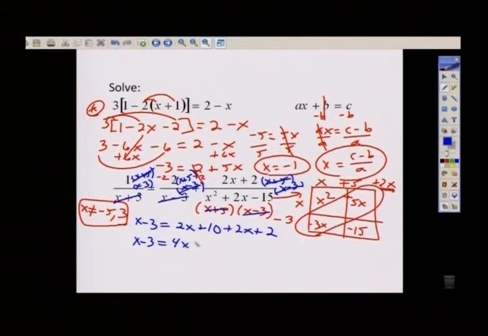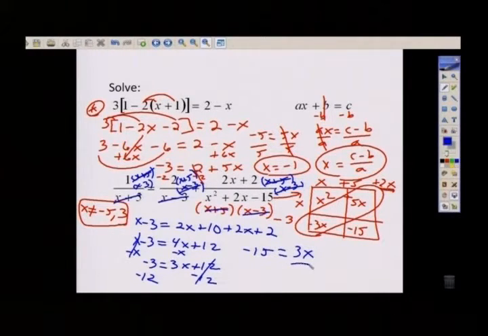So 4x plus 12. I'm going to combine my x's. Move the 12. And we end up with -15 equals 3x, and divide by 3. So x is equal to negative 5.